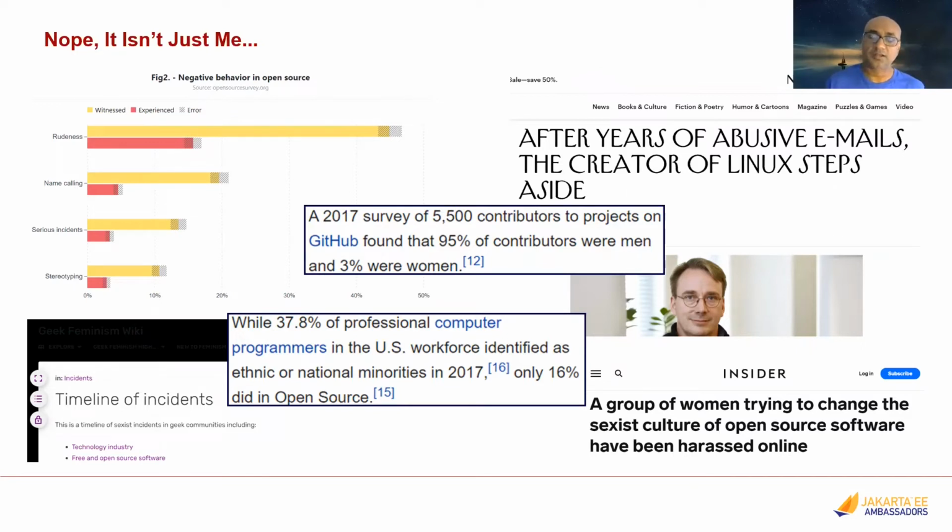Similarly, if you look at the United States IT professional field, almost a third of people, almost 40% of people, identify as a national or ethnic minority. When you look at open source, on the other hand, it's half that number. So it's roughly 15 to 16% of people who identify as a national, ethnic, or minority, right?